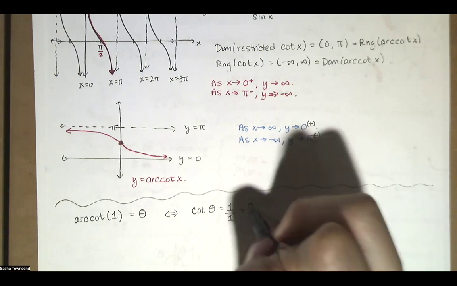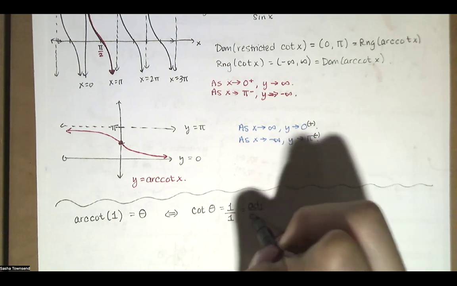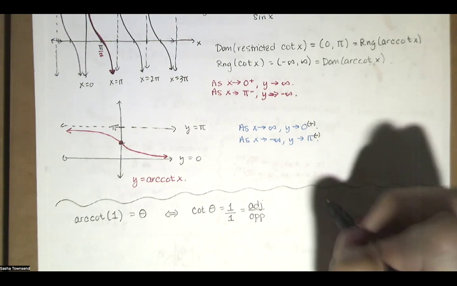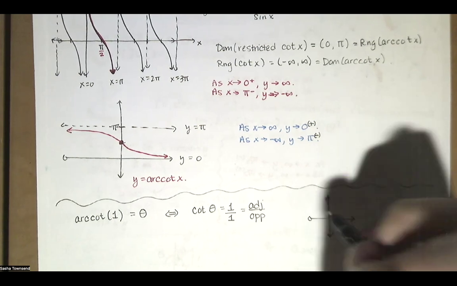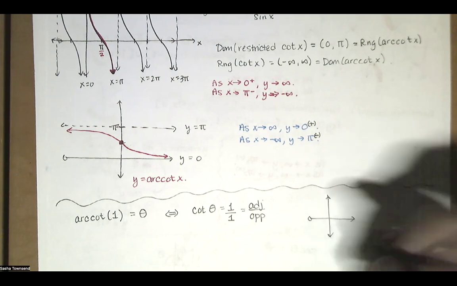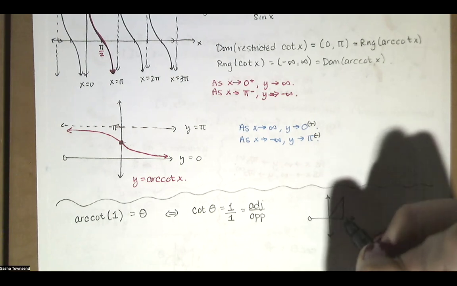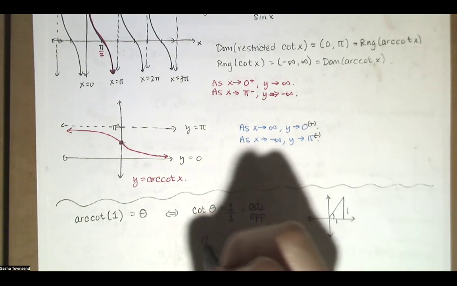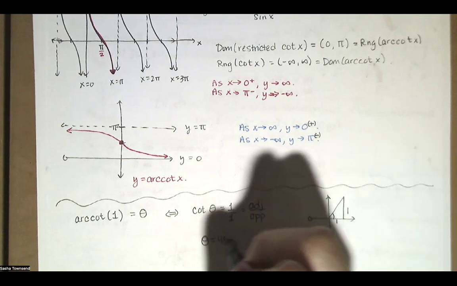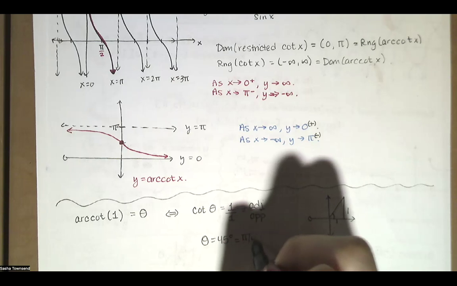It's a reciprocal of tangent. So you say, okay, well, when is cotangent positive? Well, it's going to be positive in quadrants 1 and 3, so positive in quadrant 1. And we know that that angle is a 45-degree angle. So theta equals 45 degrees, or pi over 4 radians.